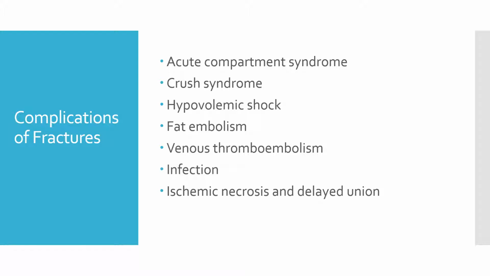Complications of fractures. The first one we're going to talk about is acute compartment syndrome. Acute compartment syndrome is increased pressure within one or more compartments that reduces circulation to the area. Compartments are areas in the body in which muscles, blood vessels, and nerves are contained within the fascia. Common sites for this to occur are the lower legs and forearms.